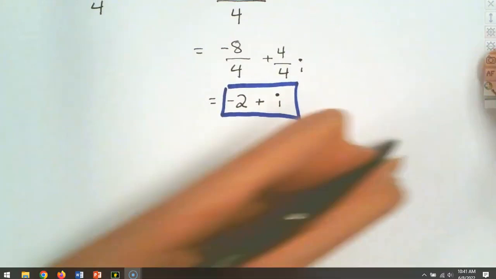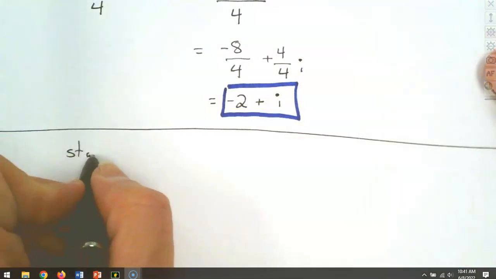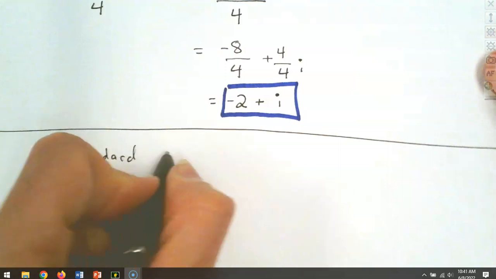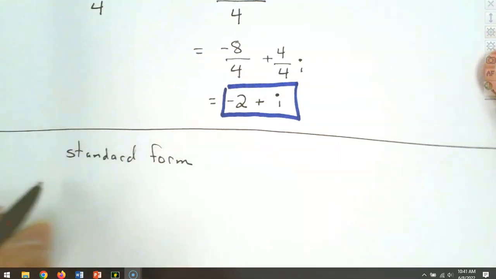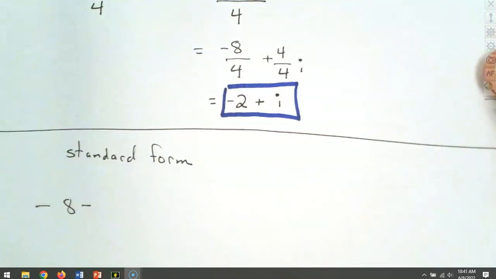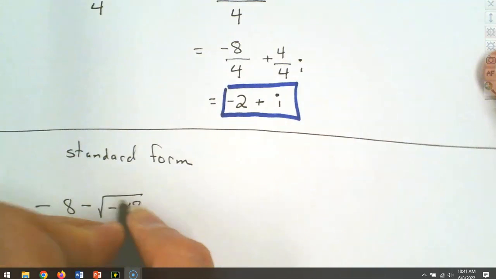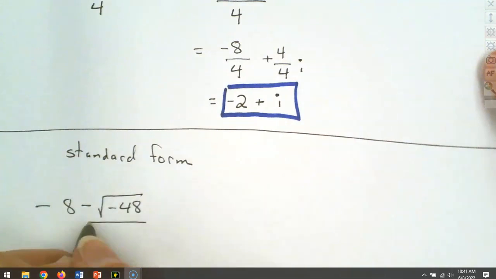Okay, let's try another one here. And again, we want these in standard form. Okay, let's do a minus 8 minus, how about the square root of a minus 48 over 2.